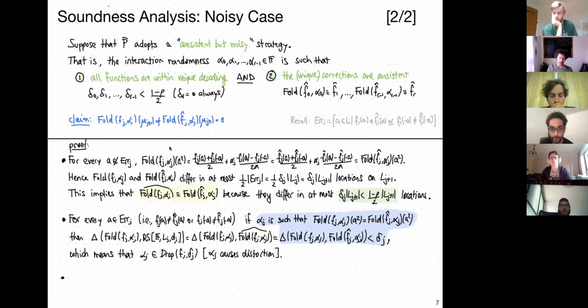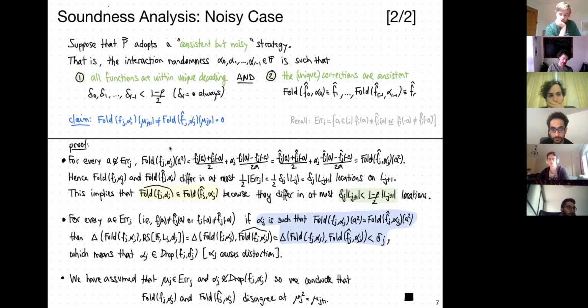Because we can't lose distance. Losing distance is exactly having a distortion, and the analysis showed that there is no distortion. And this means, and this is the last point here, that we assume that we have some mu element in the error set.